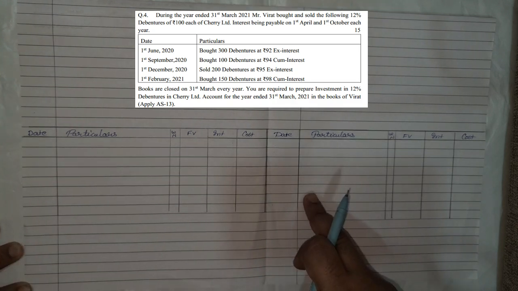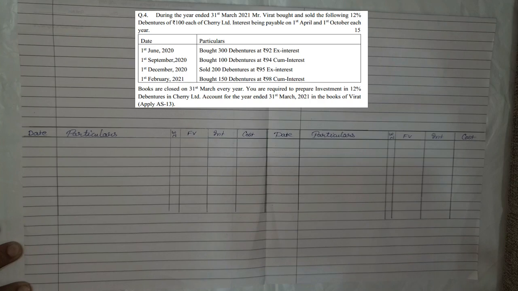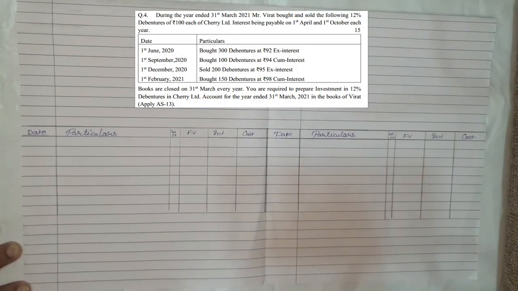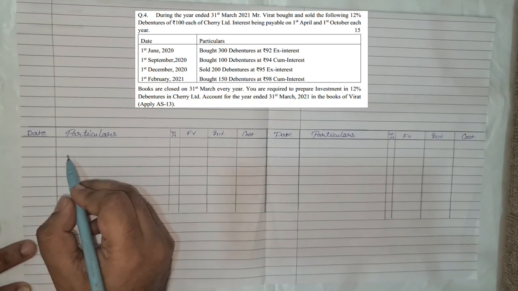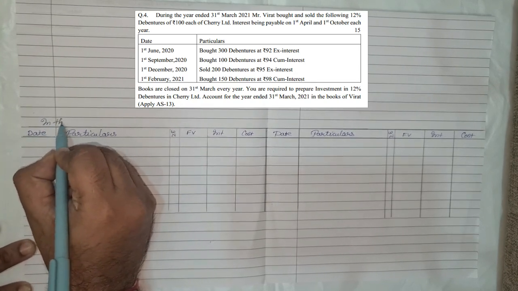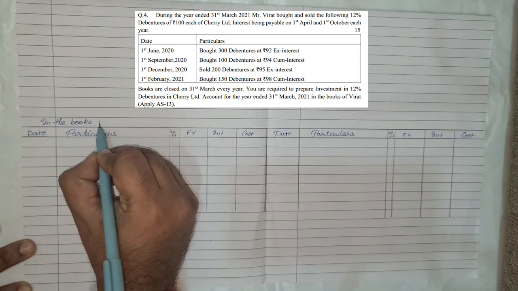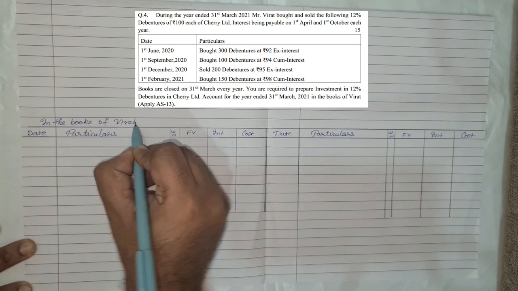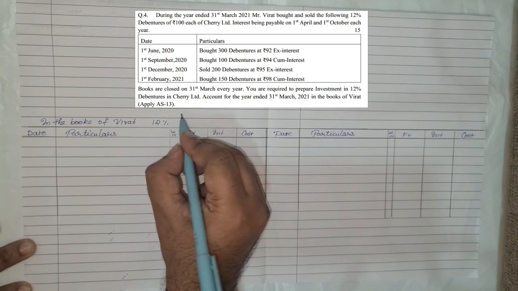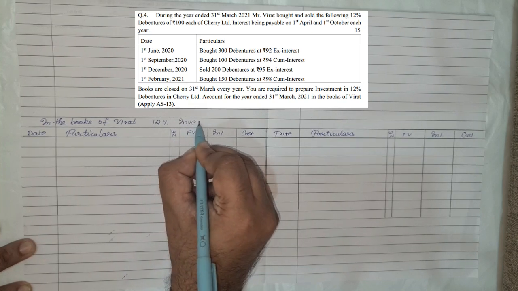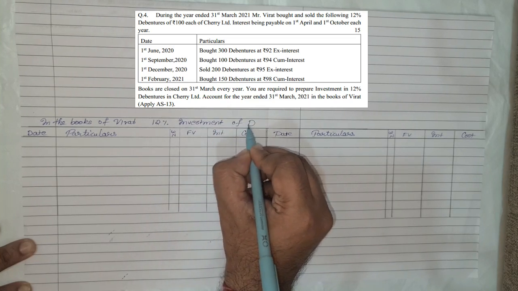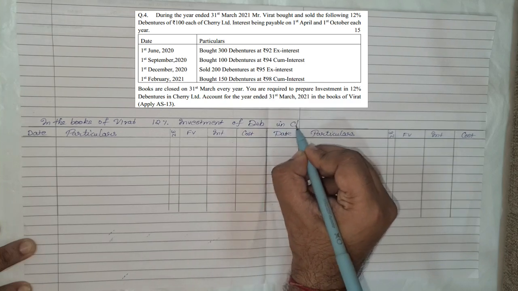The format I have already made. So the heading will be: in the books of Virat, investment in 12% debenture in Cherry Limited.